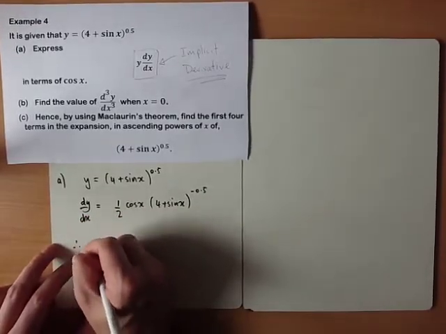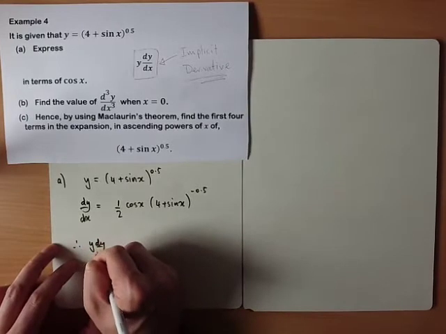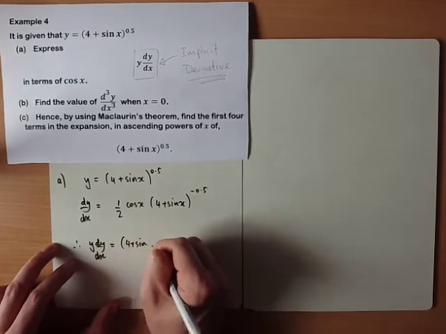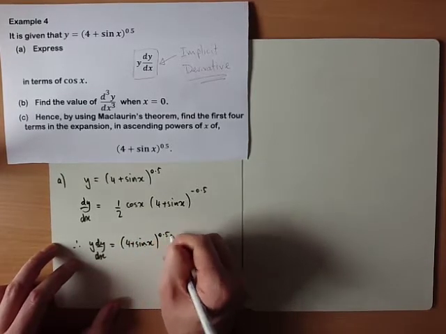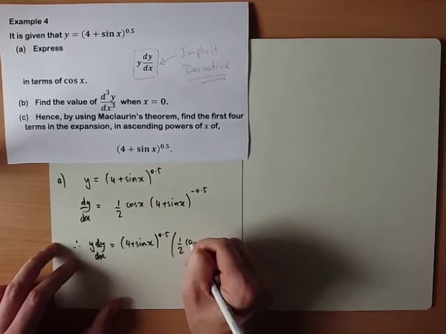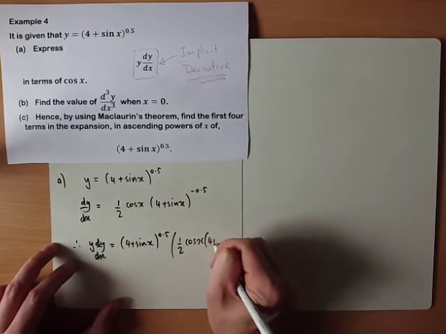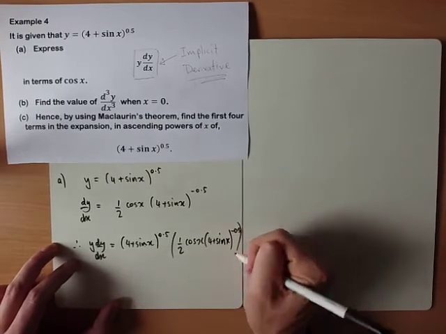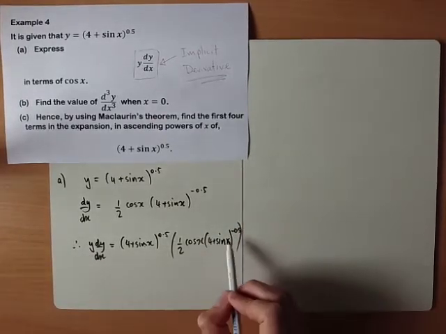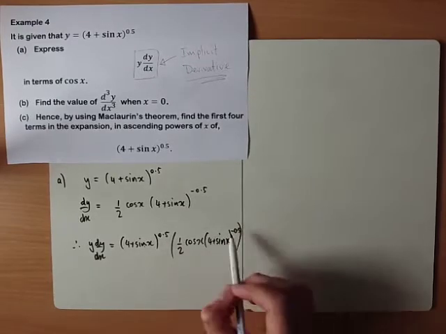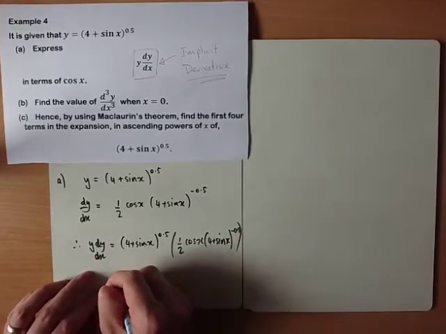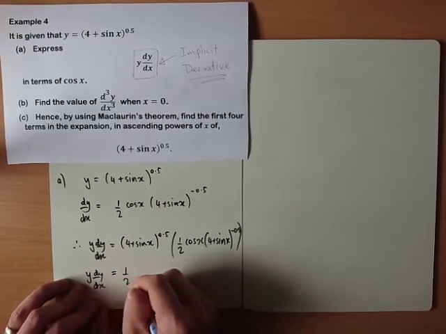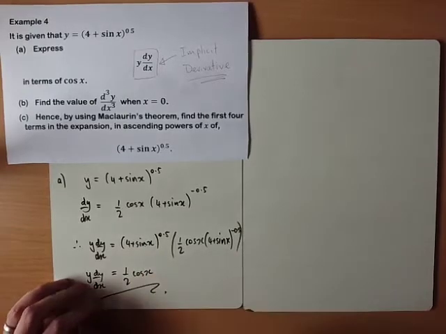Therefore y dy by dx would equal (4 plus sin x) to the 0.5 times by 1/2 cos x times (4 plus sin x) to the minus 0.5. Notice that because the powers 0.5 and minus 0.5 cancel each other out, we're left with y dy by dx equals 1/2 cos x.